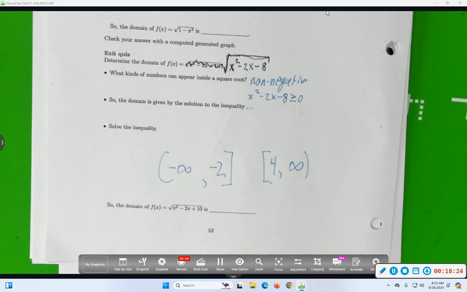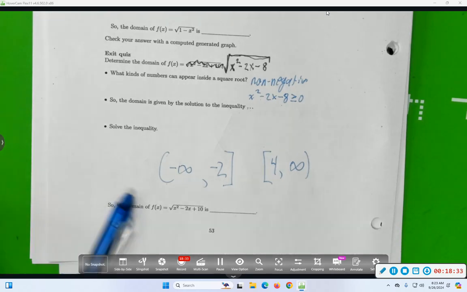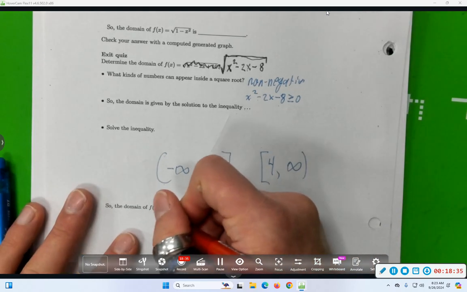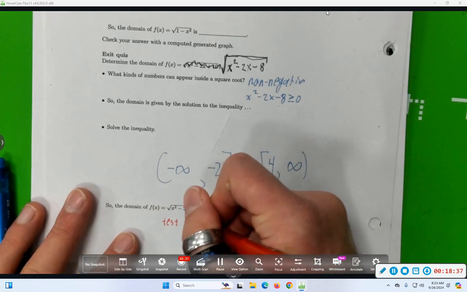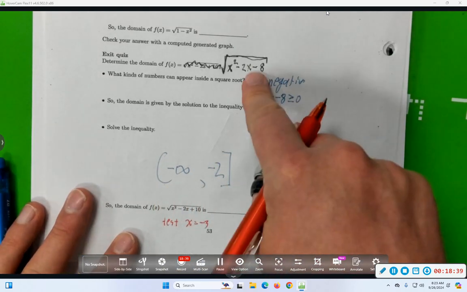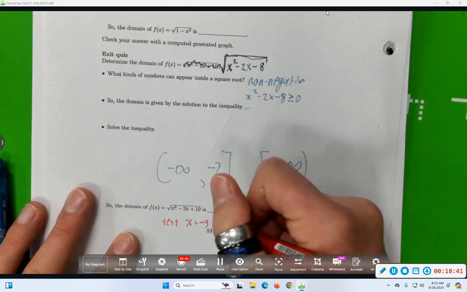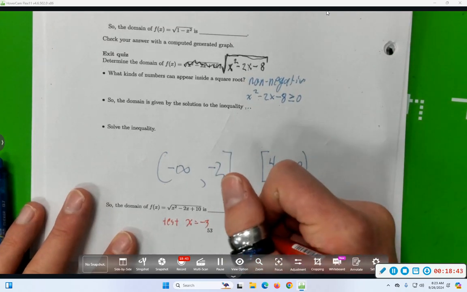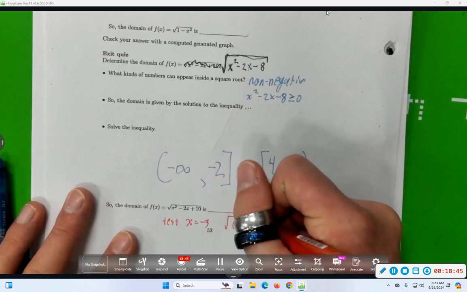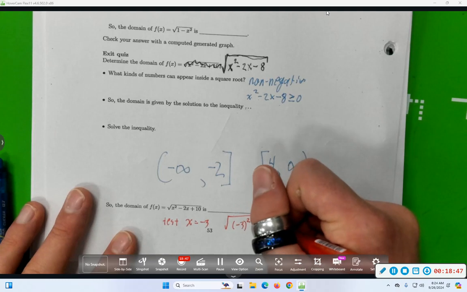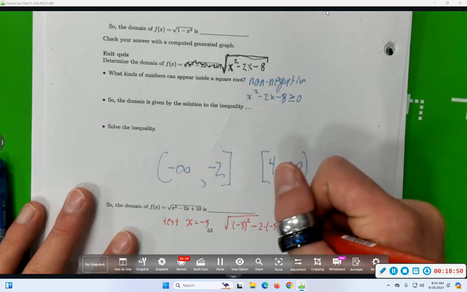Give me an input in between negative infinity and -2. -3. So let's test x equals -3. Let's see what happens when we plug that into this function. We'll get the square root of (-3) squared, minus 2 times -3, minus 8.